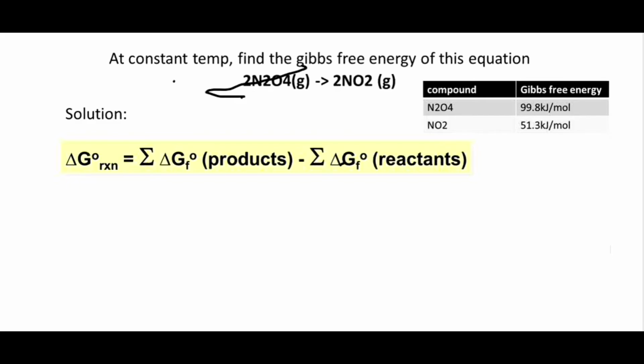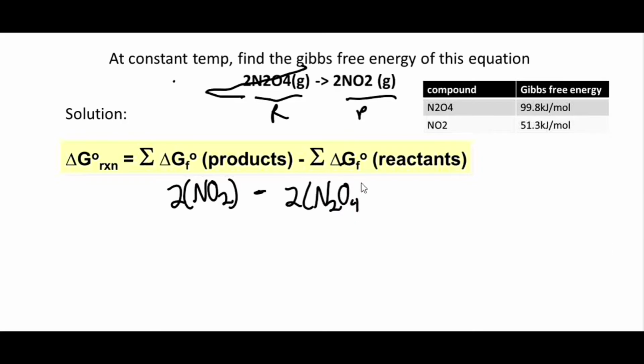Alright. So product minus reactant. So 2 NO2 minus 2 N2O4.